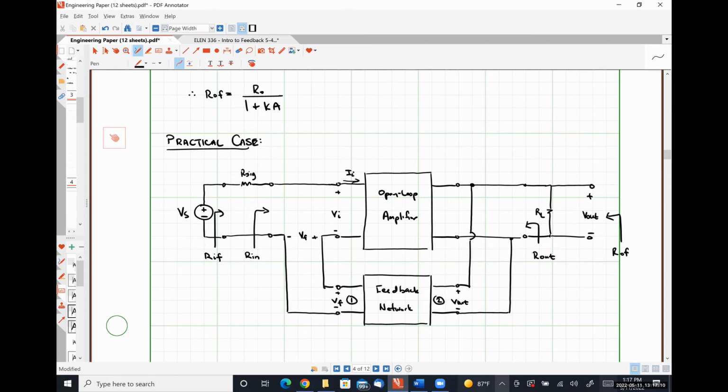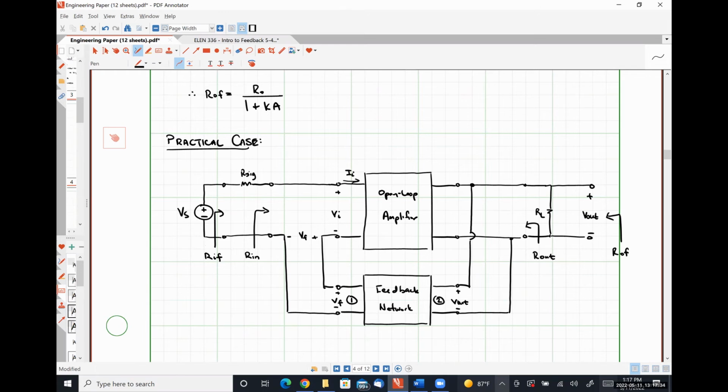So this is our practical case with as many things that mess it up as we can possibly include, okay? So we're taking into account that we might have some signal resistance, so that our source has some sort of internal impedance that we may need to match to our system. We have a finite load resistance that we're trying to drive with this amplifier.